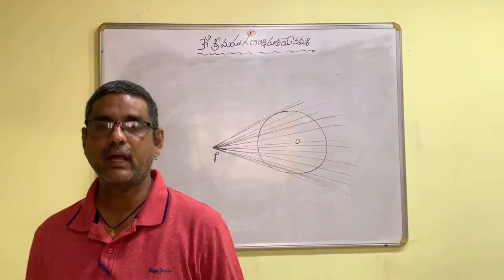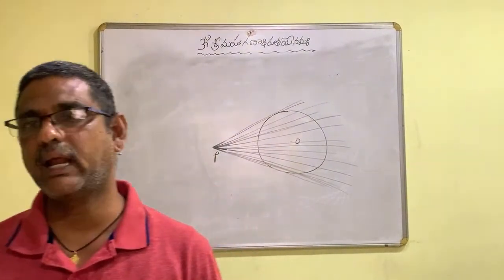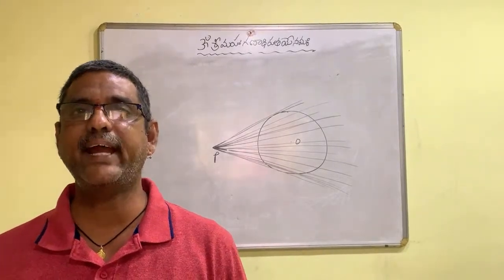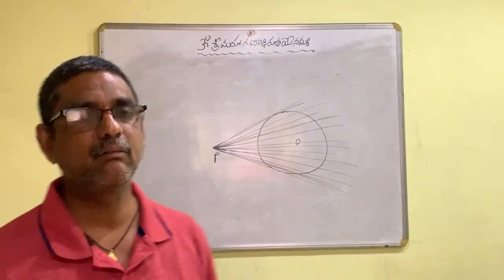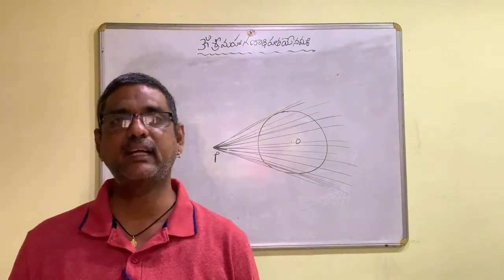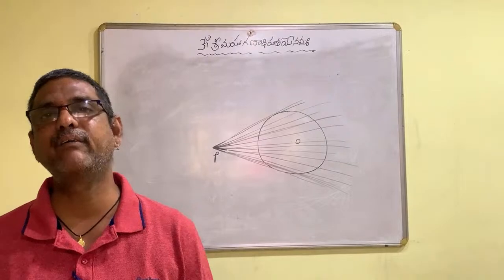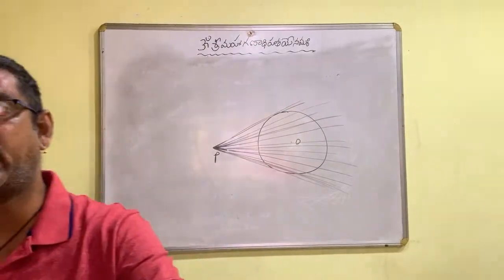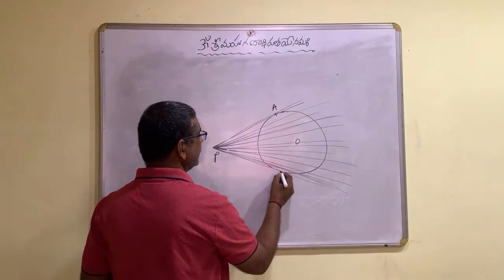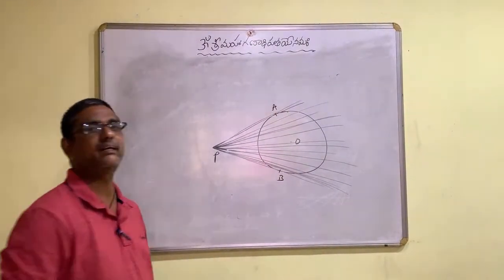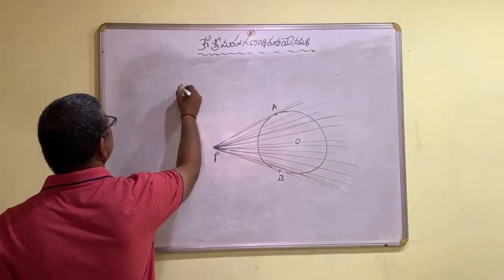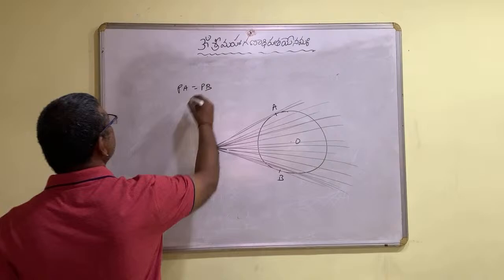Tomorrow in the class we are going to prove that the two tangents that can be drawn from P to the circle with center O are equal in length. See here, PA is one tangent, PB is another tangent. Tomorrow we are going to prove PA is equal to PB.